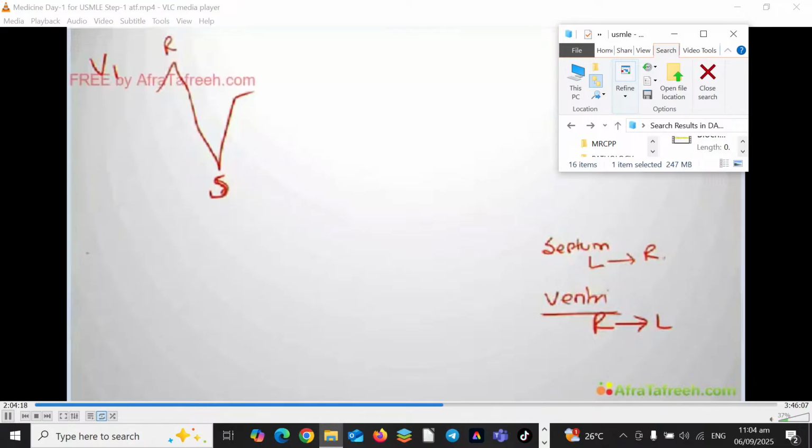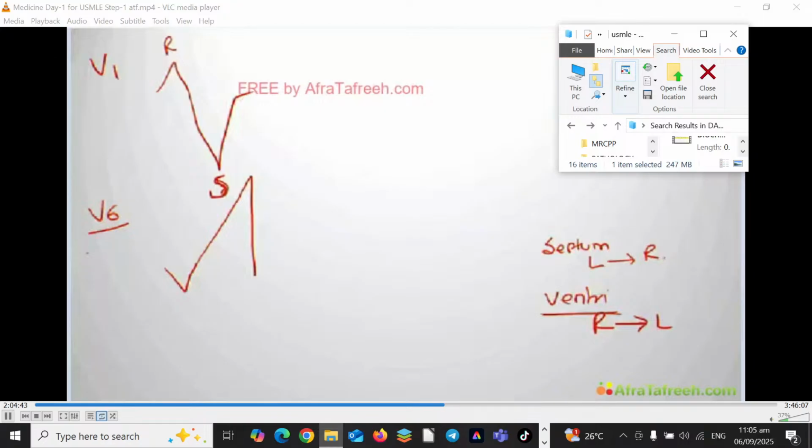When you consider the left-sided electrode, the first deflection was the septum, which went from left to right. As it went from left to right, the first deflection would be a negative deflection. But this is the septum, so it would be small. Then the next one would be the ventricular, a massive contraction, which would be the R wave.